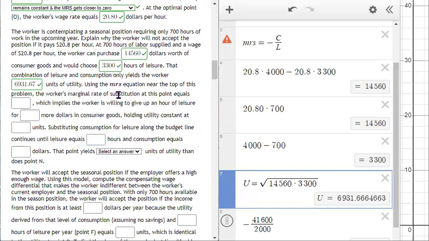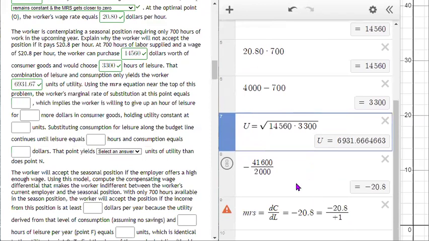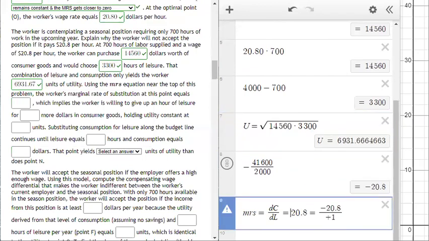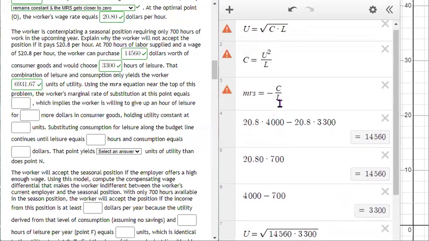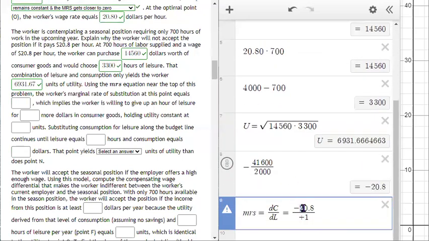Using the MRS equation near the top of this problem, the worker's marginal rate of substitution at this point equals what? Well, we got to calculate the marginal rate of substitution here. Remember, the marginal rate of substitution is equal to C divided by L. So what's my new consumption level?